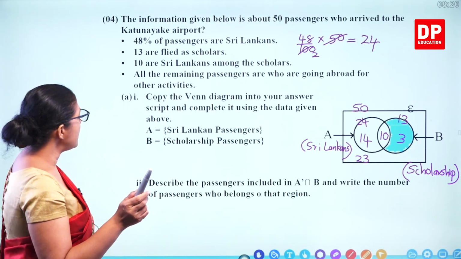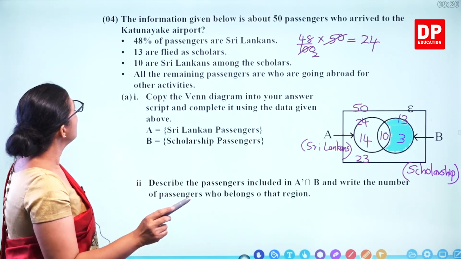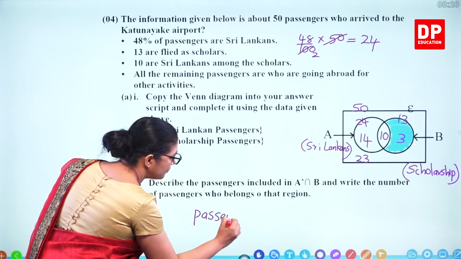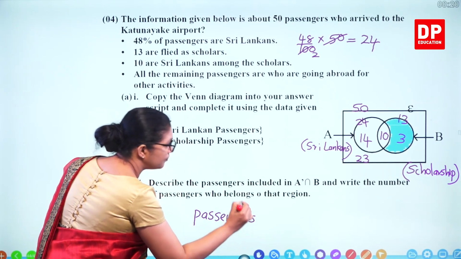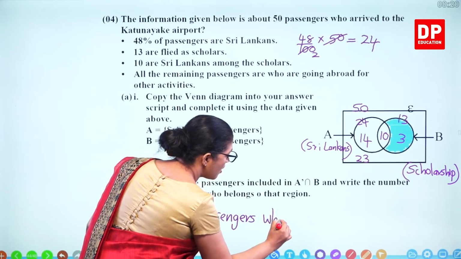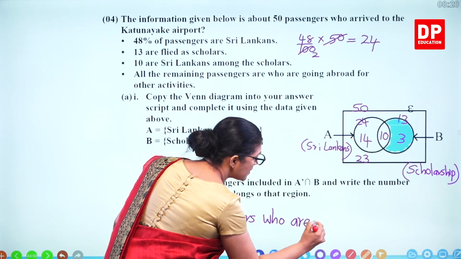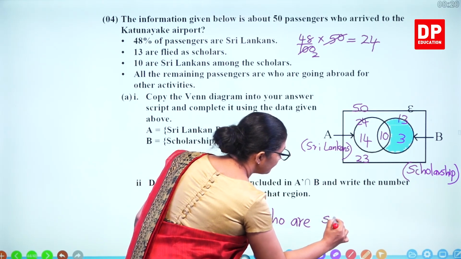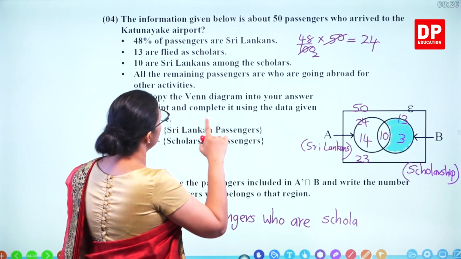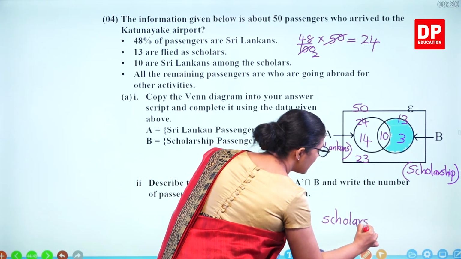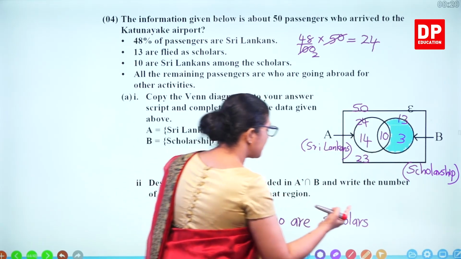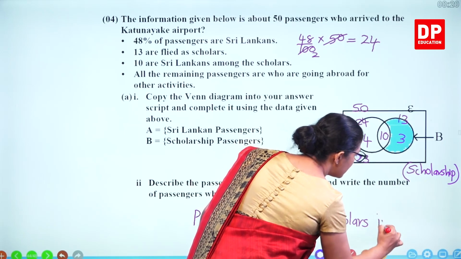So we can write down passengers who are scholars and not Sri Lankans. You can say scholars in other nations.